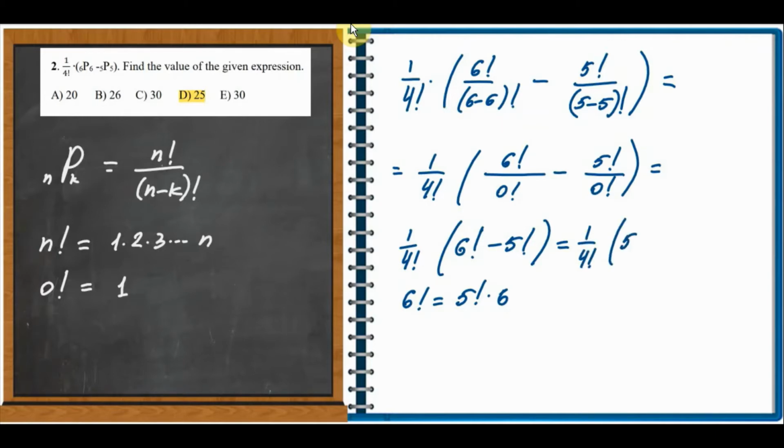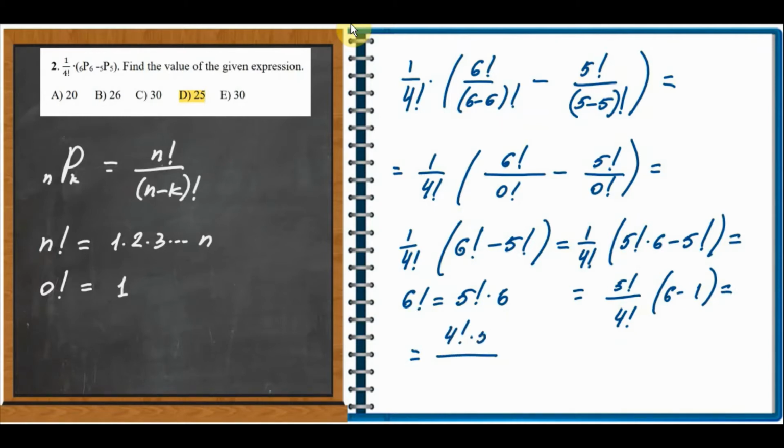Now, 5 factorial multiplied by 6 minus 5 factorial equals, take 5 factorial outside the bracket, and what is left inside is 6 minus 1. Now, again, we can write 5 factorial as 4 factorial multiplied by 5, over 4 factorial, because 6 minus 1 is 5. So let's cancel things out. We will get 25. 25 is the correct answer.